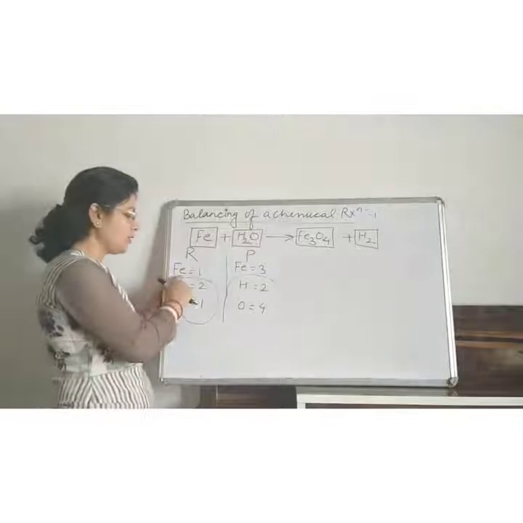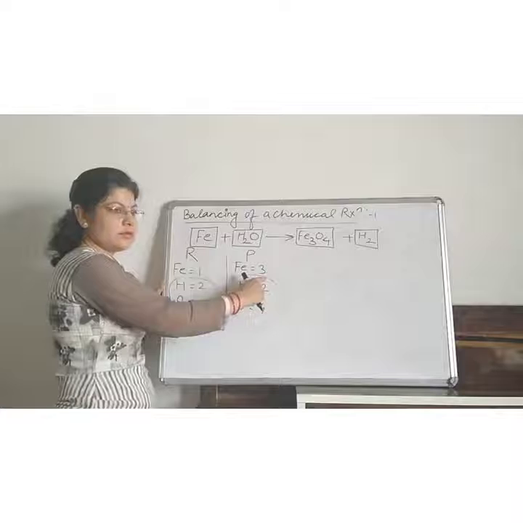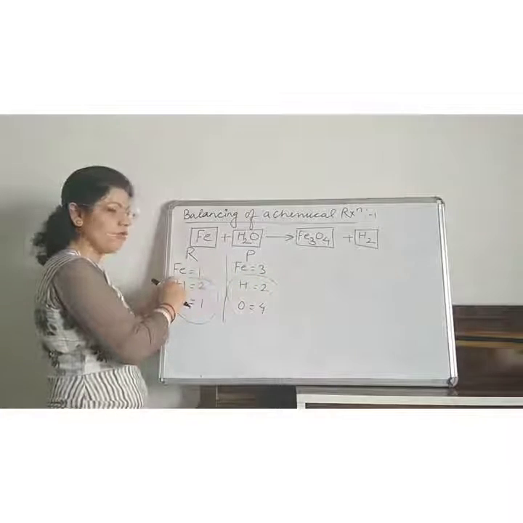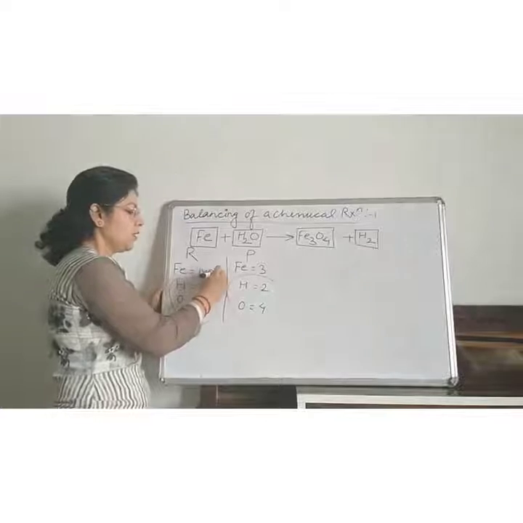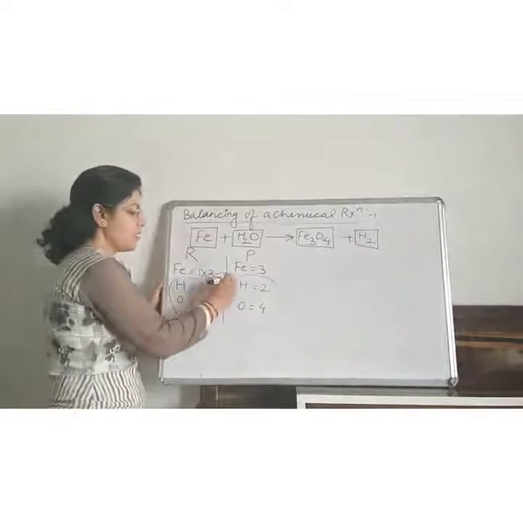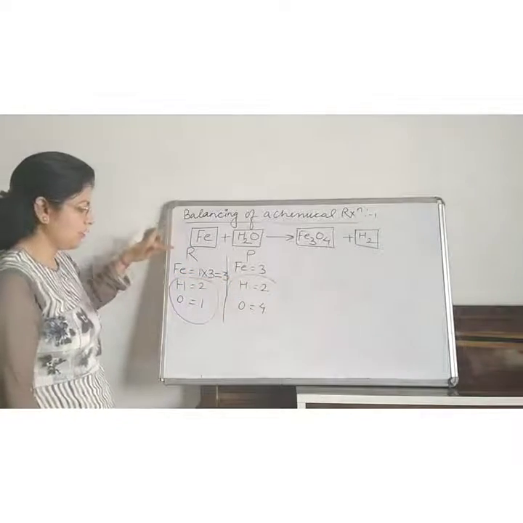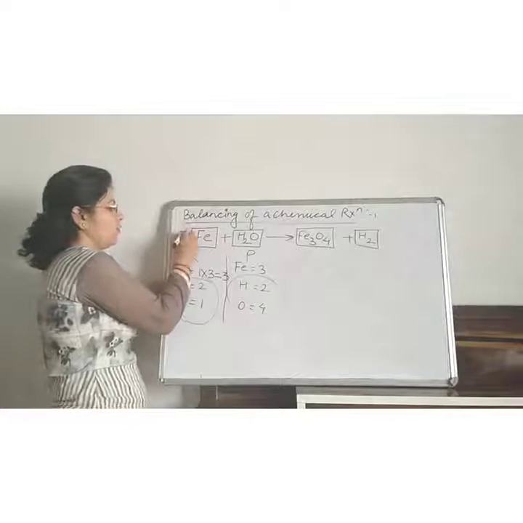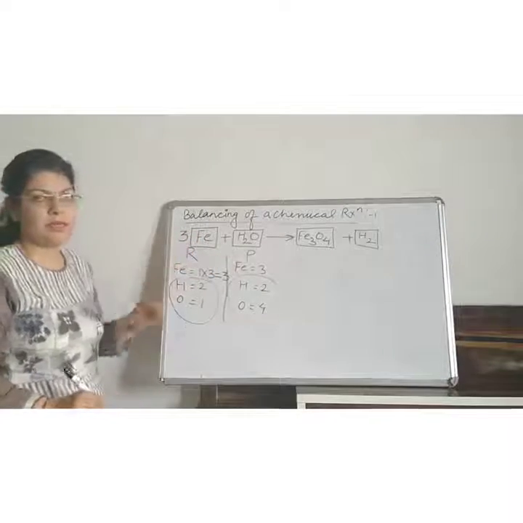The number of iron atoms on the reactant side is 1 and on the product side is 3. For this, we have to multiply by 3 on the reactant side. So we put 3 here, which means iron atoms are balanced.